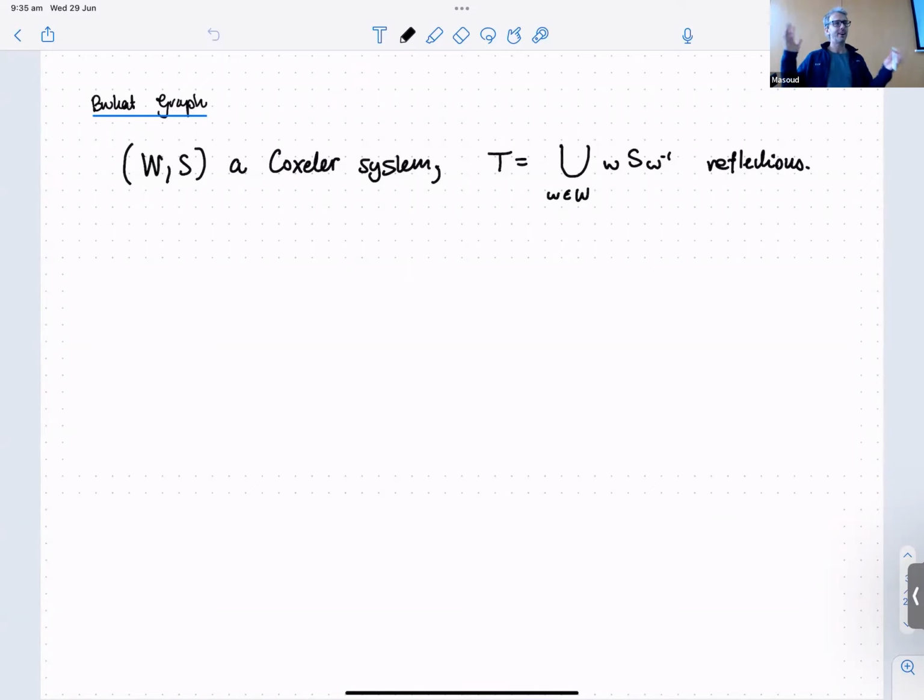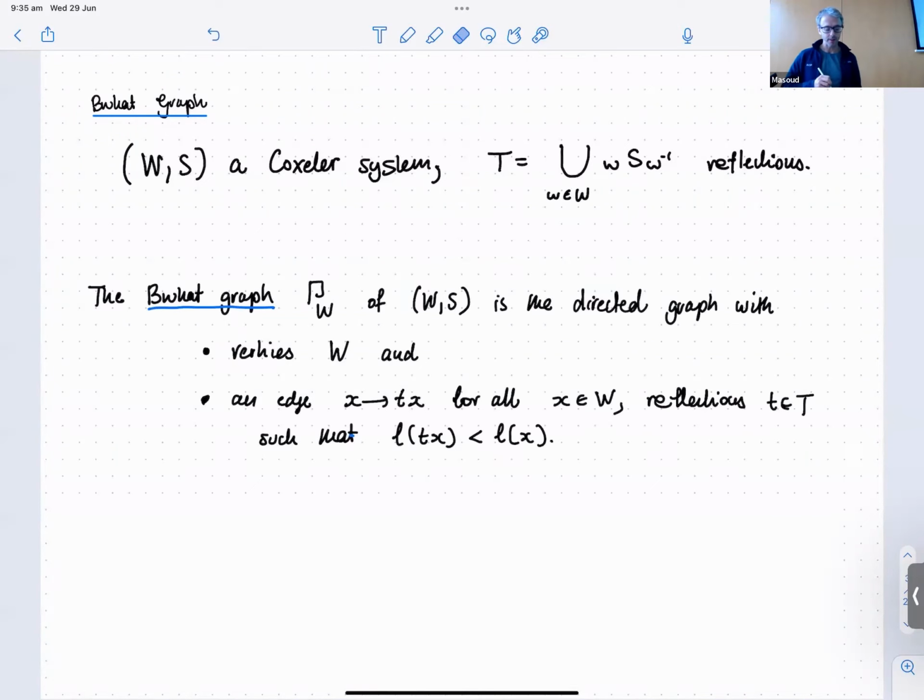So the Bruhat graph is an incredibly important basic graph associated to a Coxeter group, where I take as vertices all of my elements of W, and then I draw an edge between two elements whenever they're related by reflections. You might say to me, that doesn't sound very special.